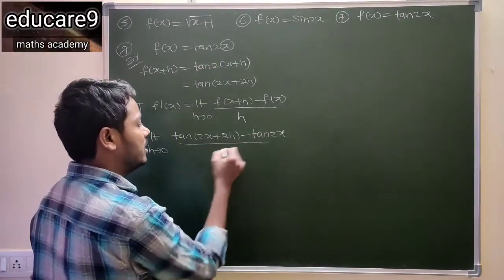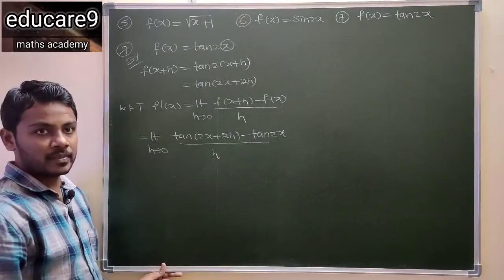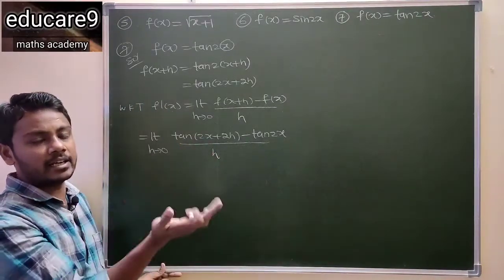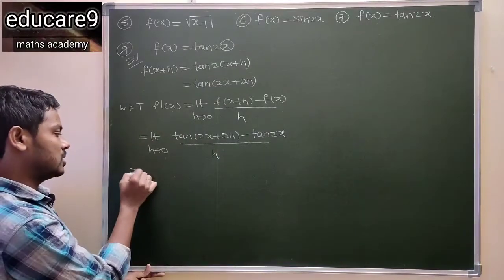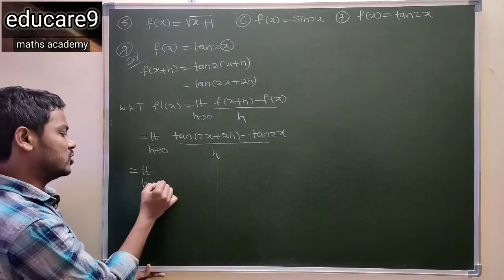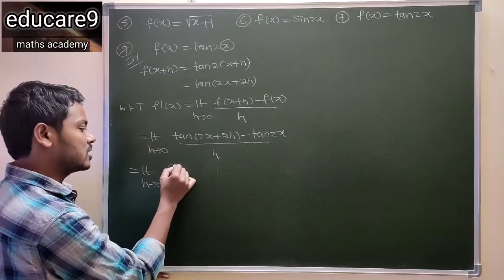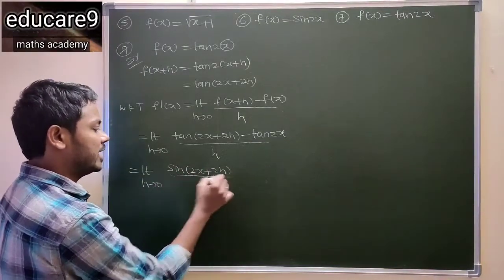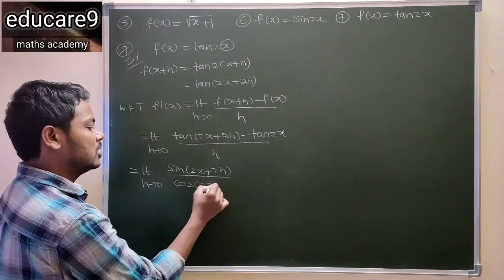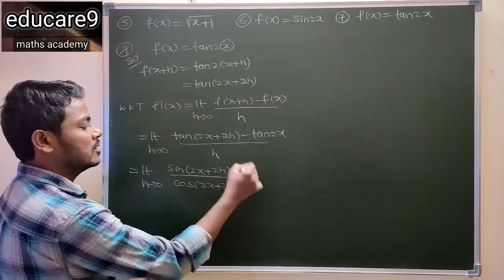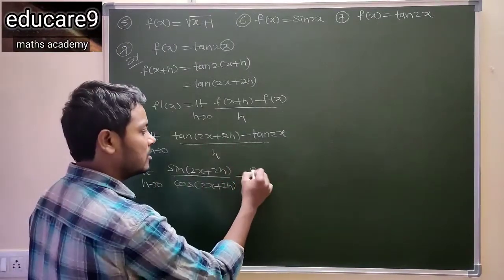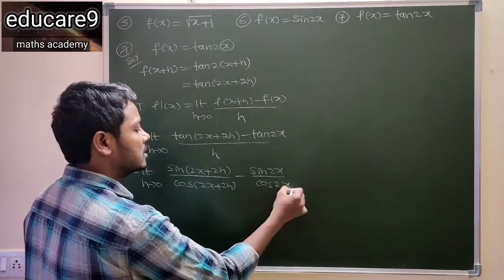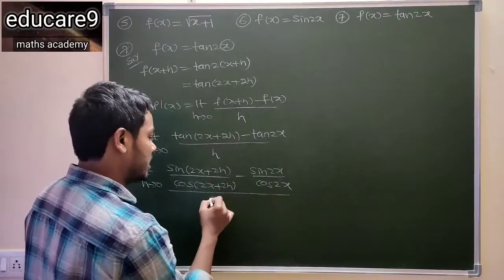So divided by h. You know that tan theta can be written as sin theta by cos theta. So this is limit h tends to 0, sin of 2x plus 2h divided by cos of 2x plus 2h, minus this one, sin 2x by cos 2x. So all divided by h.